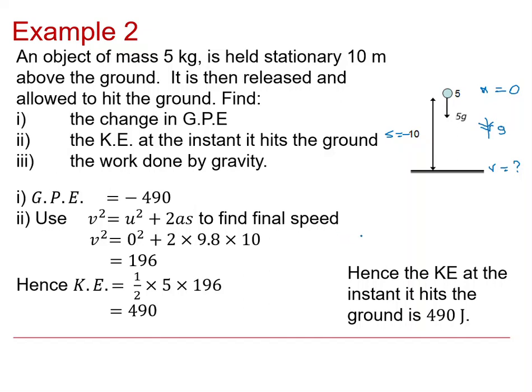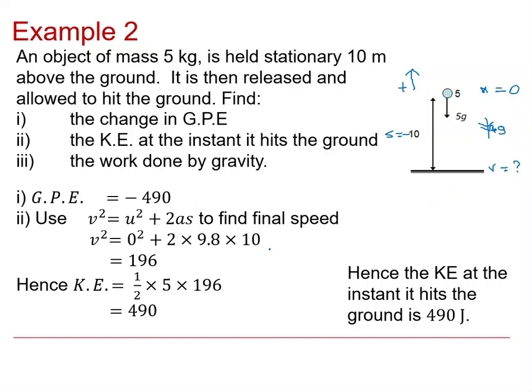Strictly speaking it's minus g, because if I write s is minus 10, I'm really taking positive upwards, and I should have specified that first. If I take positive upwards, then s is minus 10, and this will be minus g, the acceleration. I think I'm going to leave it as it is, because it's g downwards, it matches the arrow.